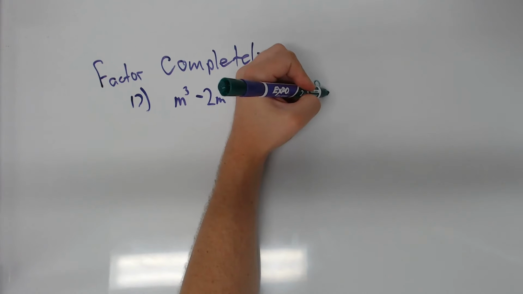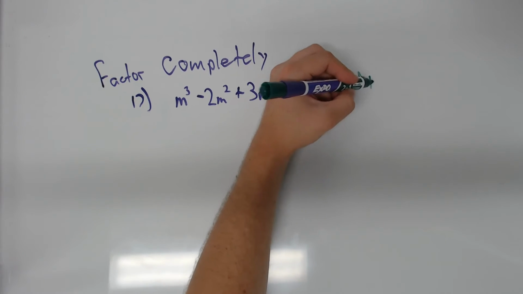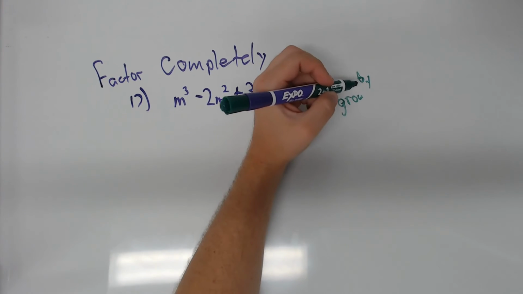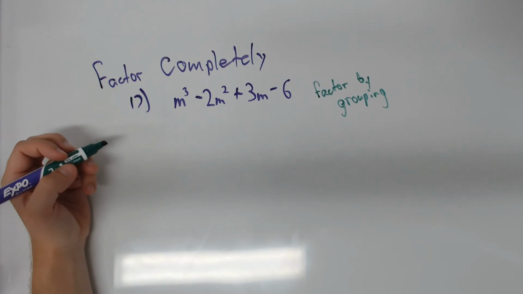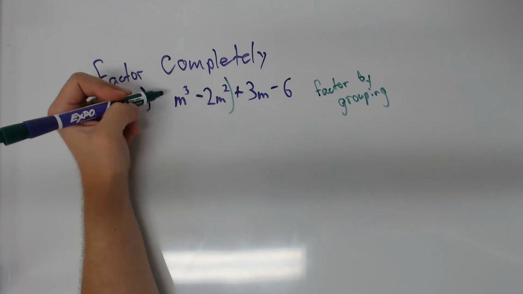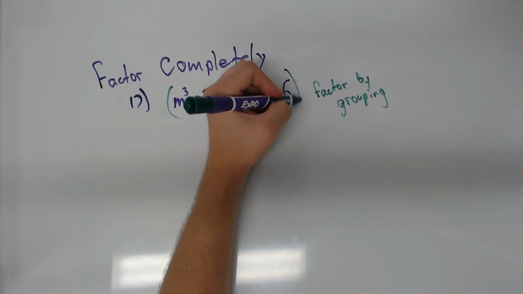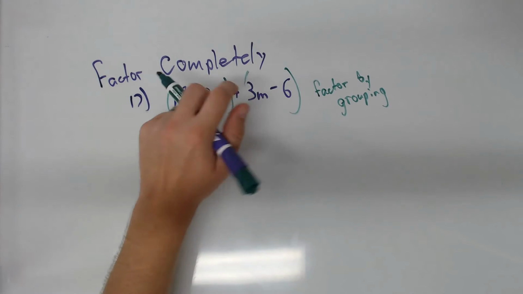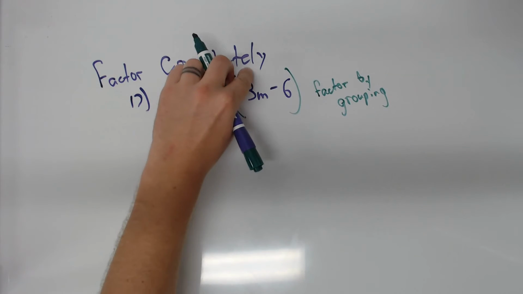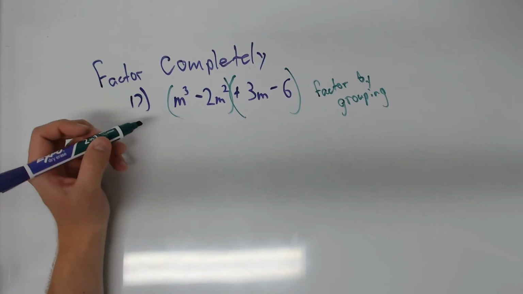So I'm going to start with factor by grouping because I have 4 terms. So I'm going to put my first 2 and last 2 terms in parentheses. Sorry, I want to take that plus sign too, because if it's a minus sign, it makes a difference.